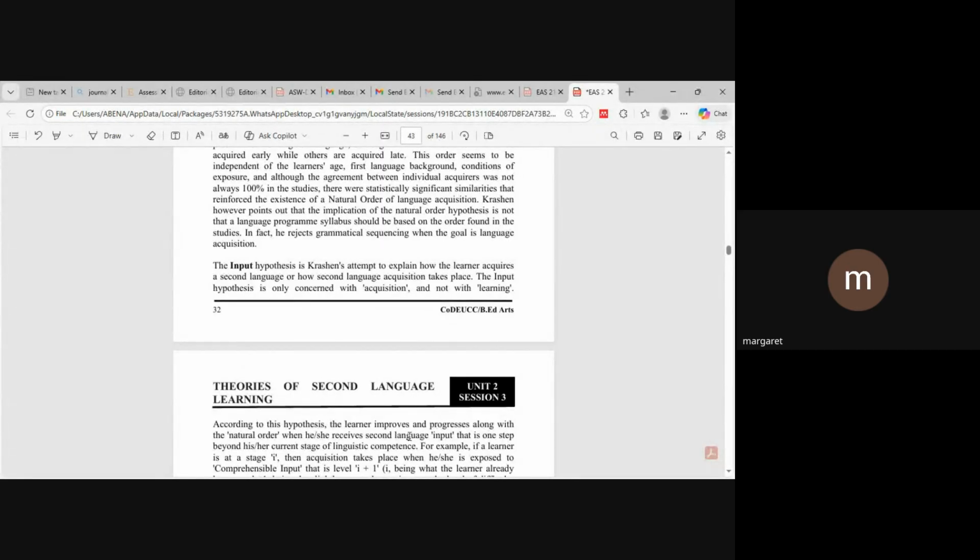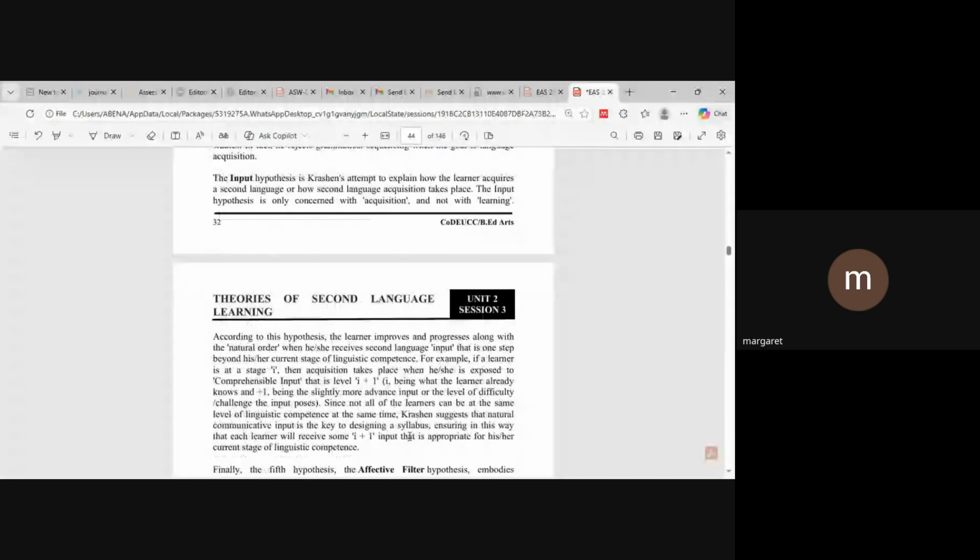Right. So that is it. So you have to give the person an input that is comprehensible. The learner can understand. Okay, so with this input hypothesis, they are saying that at any stage in the learner's acquisition, the learner has to be exposed to comprehensible input that is an addition to what they previously knew, right?